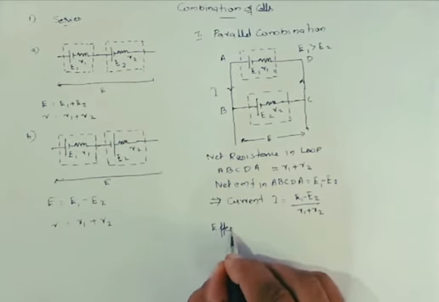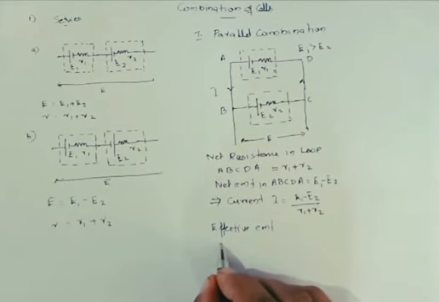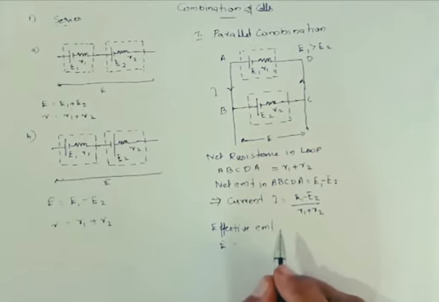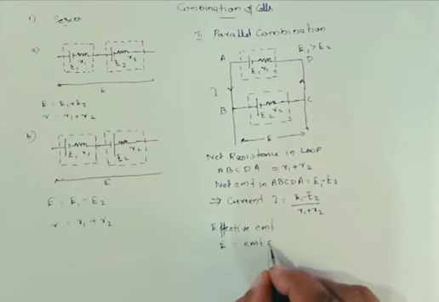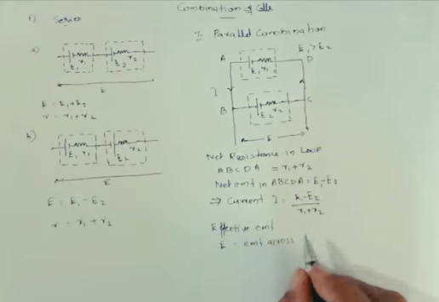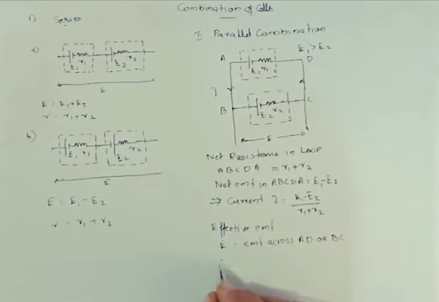Then effective EMF E is equal to the EMF across AD or BC, not AB, AD or BC.